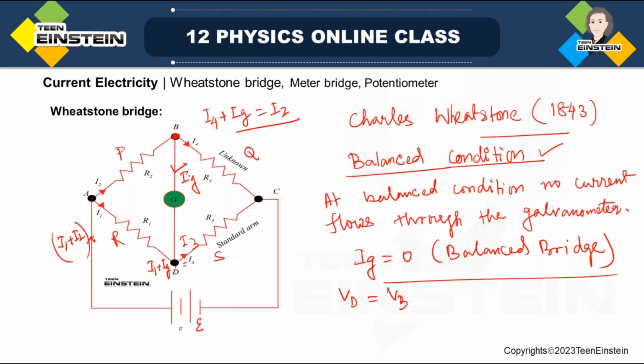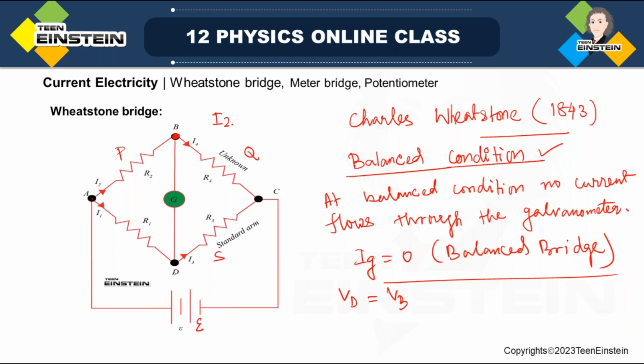If no current is flowing through this G, what will happen?